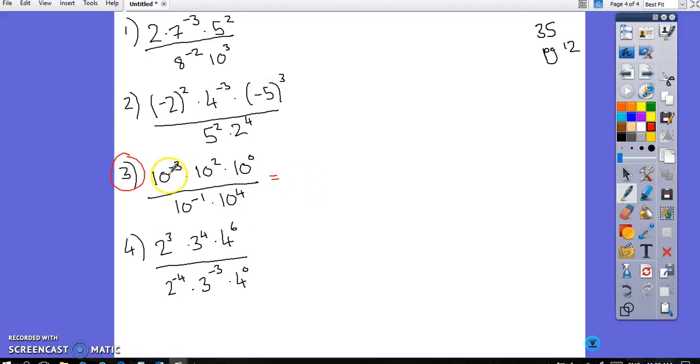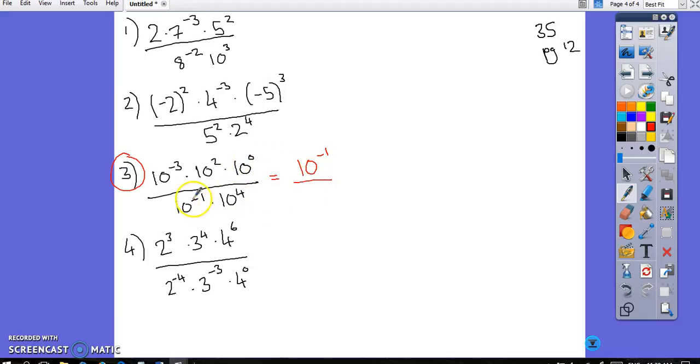So here I can use these multiplication rules that we met in class to simplify the numerator and then the denominator. So 10 to the power of negative 3 times 10 to the power of 2: minus 3 plus 2 is 10 to the power of negative 1 on the top, plus 0 is still 10 to the power of negative 1.